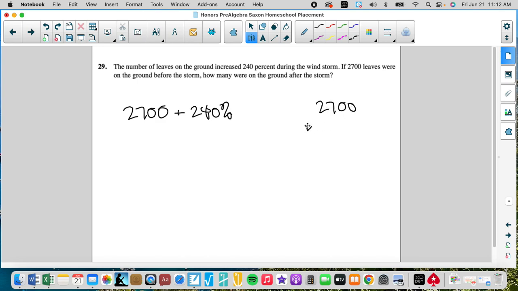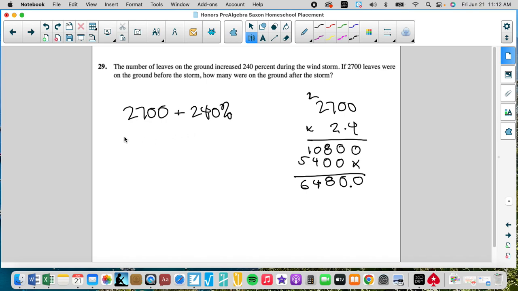Well, that's going to be 2,700 times 2.4. So we can do the multiplication, 1 decimal place, and get 6,480.